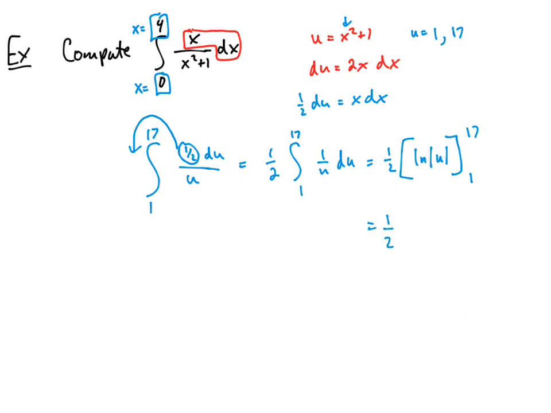Okay, so keeping that 1/2 in front, I'm going to have ln of the absolute value of 17, which is just positive 17, minus the ln of positive 1. The natural log of 1 is 0, so what we end up with is just 1/2 ln of 17.